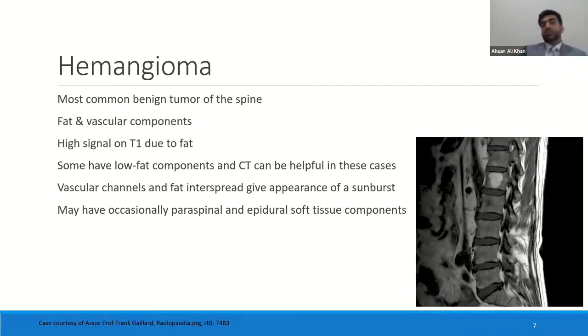So one thing that I also want you to remember: if there is any tumor that you see on T1 that is brighter, for example like this tumor here, brighter than the normal bone marrow fat, most of the time you can be relaxed. It's just a benign tumor.